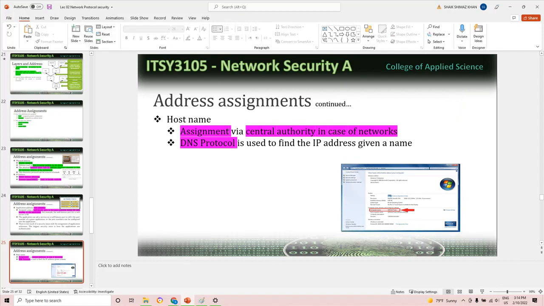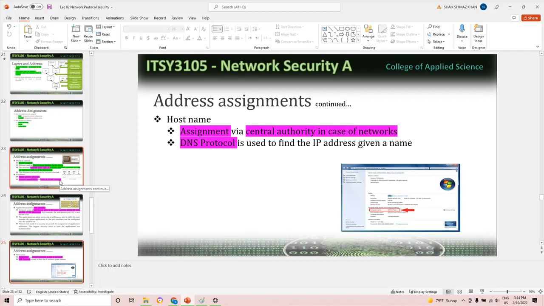Host name can be assigned by a central authority. That means you can use a server, a host name server, that will assign a name to each and every computer in the network.